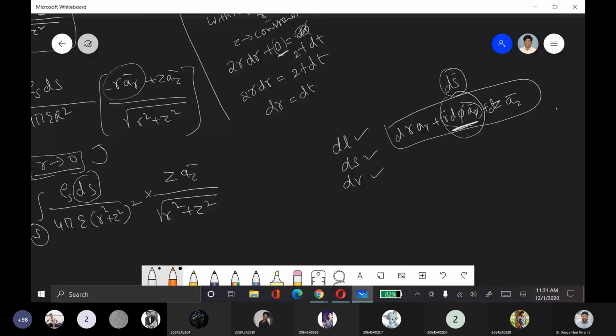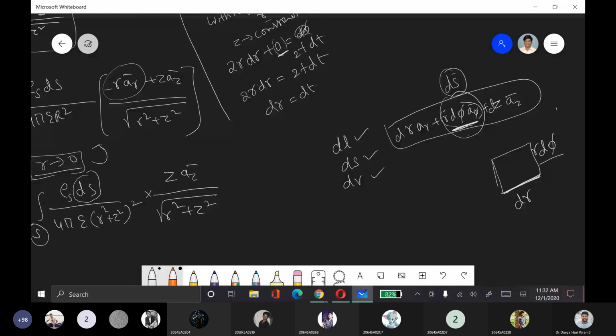So when I have a surface area like this, one particular axis will be my dr axis, one axis will be the d phi axis, and one axis will be the r d phi axis. I think we have also written that.